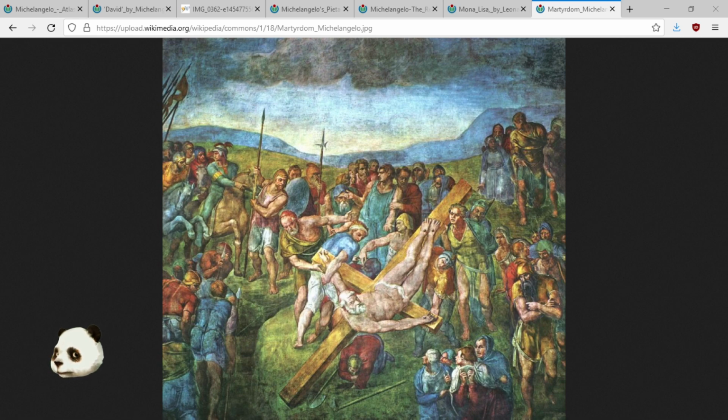In paintings, I think it was... not crucifixion. This was the crucifixion of Peter. Sorry. Yeah. The Last Judgment, not the Last Supper. I think that was the one that got covered. It was a fresco.